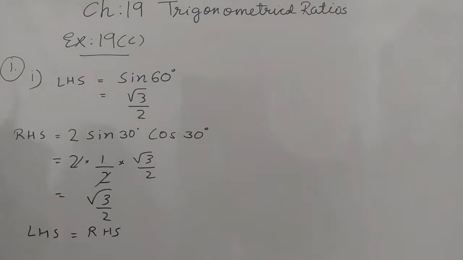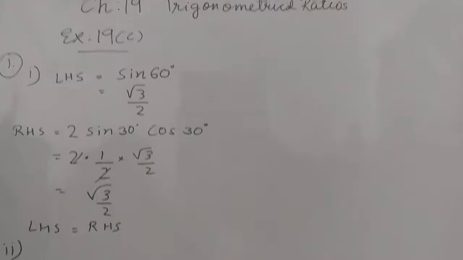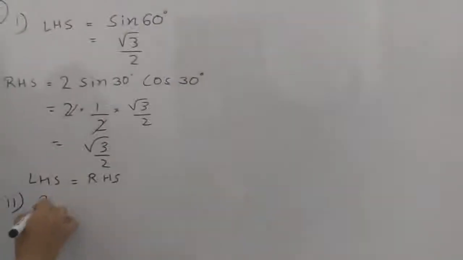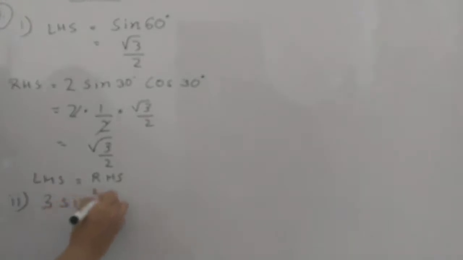Now the second part: without using trigonometric tables, find the value of. So that second part I am solving now. It is a find the value type of question. Here I write 3 sine square 45 degree plus 2 cos square 60 degree.